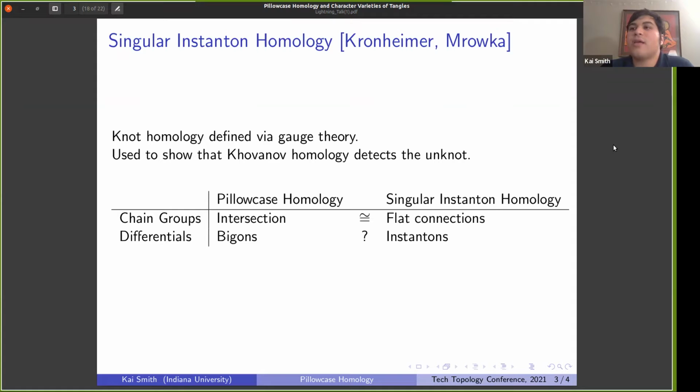Since singular instanton homology is defined by counting PDEs on 3 and 4 manifolds, very few examples have been explicitly calculated. However, the pillowcase homology has been calculated for decompositions of 2-bridge knots, pretzel knots, and torus knots. However, the general character variety of a tangle is still pretty difficult to compute.